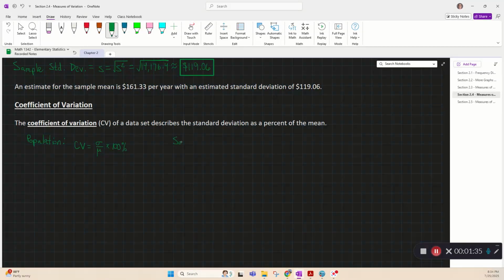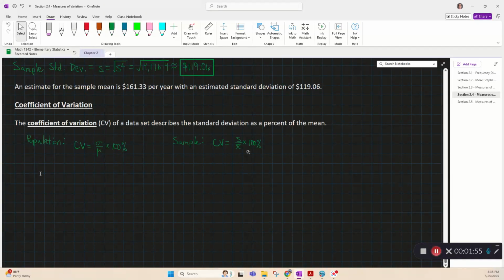For a sample, the coefficient of variation is equal to s divided by x bar, times 100%. That's all it is. So we know how to get the mean. We know how to get standard deviation.